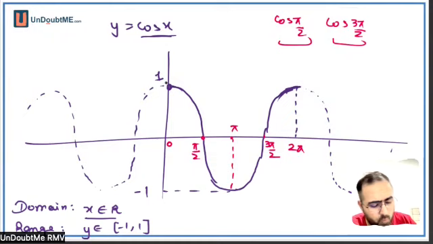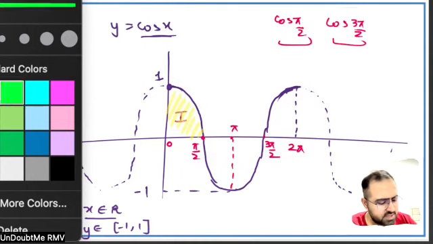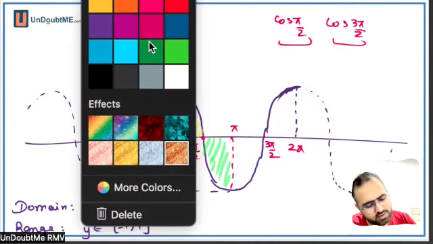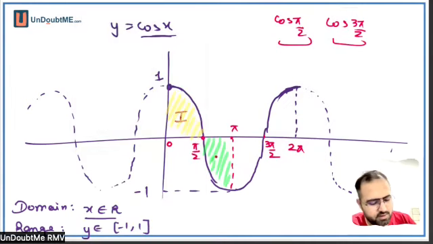Cos starts with 1. In the first quadrant, as it is seen, everyone was positive. So in the first quadrant, cos is also positive. But in the second quadrant, as soon as it has to go down, because the second quadrant belongs to which trigonometric ratio? Sine. Second belongs to sine, so cos will be negative in that. Negative means it will go below the x-axis.